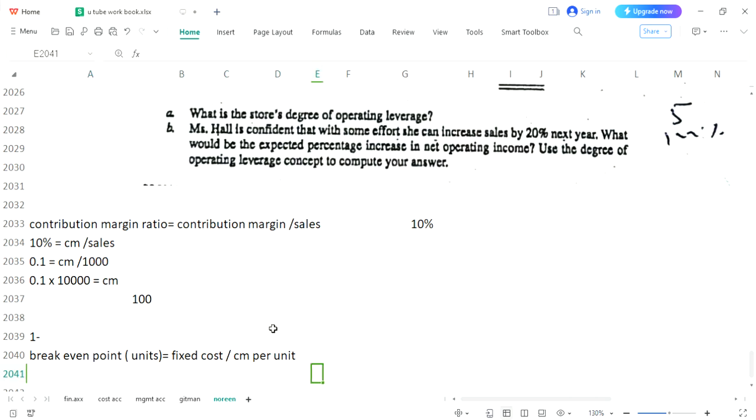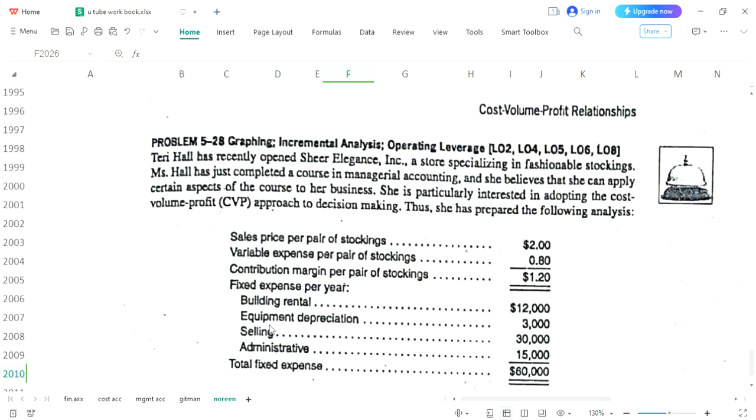We need to calculate CM per unit. And how do you calculate CM per unit? For that you need per unit sales and you subtract per unit variable cost. Luckily I have seen it. You have sale price per unit, variable cost per unit, and contribution margin per unit is already calculated as 1.2.